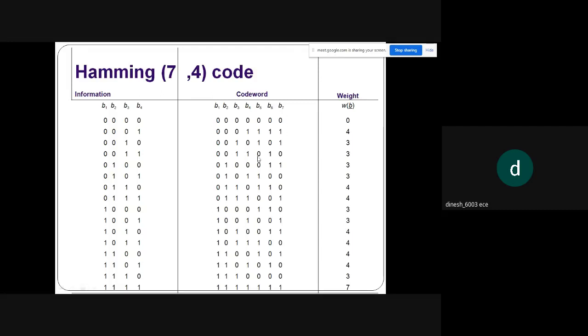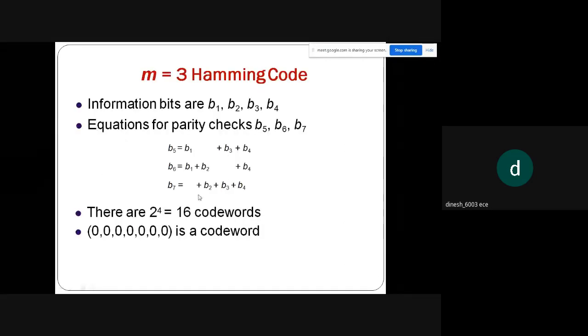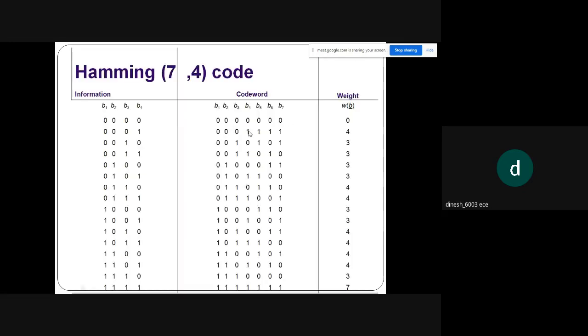And the B7 bit is obtained from B2 XOR B3 XOR B4. So for this, B2, B3, B4, do XOR, you'll get B7. Appropriately, you can tabulate the information as this.